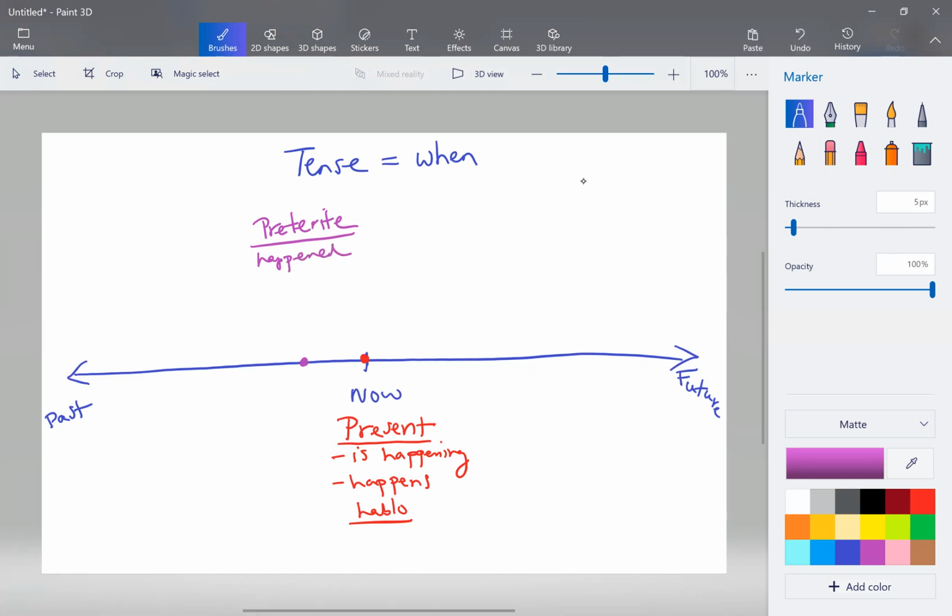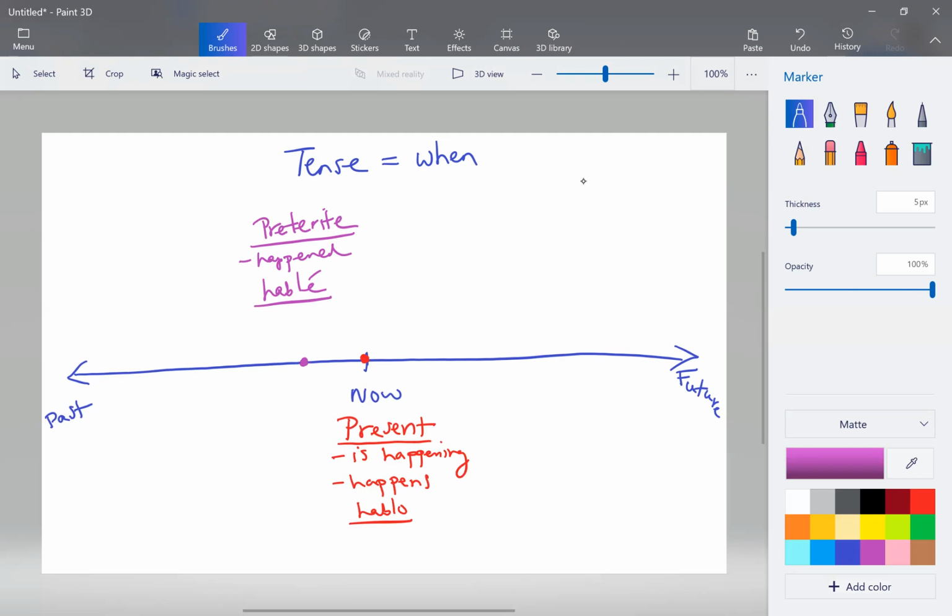And it's specific. So rather than happening over a period of time, it just happened once, which is why we just have one dot. And that might look like hablé with an accent mark. Spoke. I spoke.